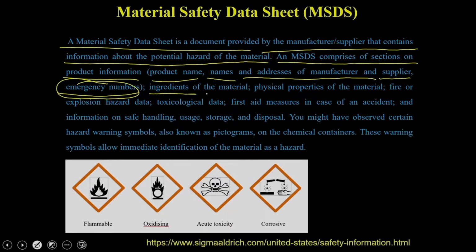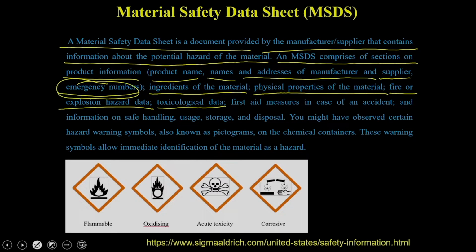Then it tells you the ingredients of the material, its physical properties, and fire or explosion hazard data, so you know whether the material will catch fire or whether it is explosive. It gives toxicology data, which means the toxicology exposure limit and the LD50 of that particular material.